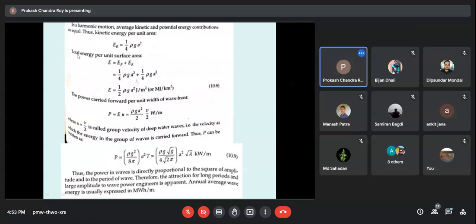So the total energy per unit surface area will be the potential energy as well as the kinetic energy. To do the sum of these two, this will be the relation. So where you will get some idea about the energy that can be estimated.